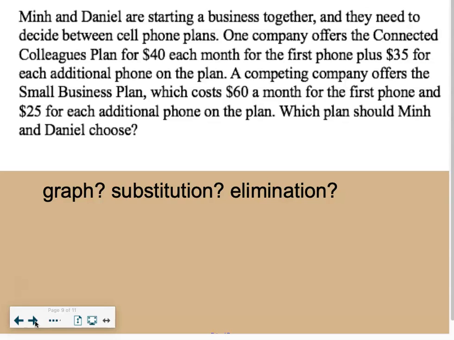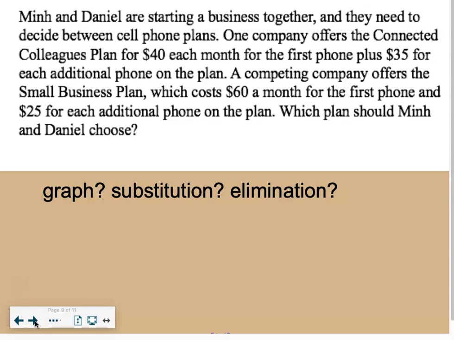Okay. Yeah, and you know, it took me reading this, I read it through twice. My interpretation first was $40 a month plus another $35 a month for the second phone. But then thinking about what unit we're in, I think that the author wanted you to do it as $40 a month plus a flat $35.